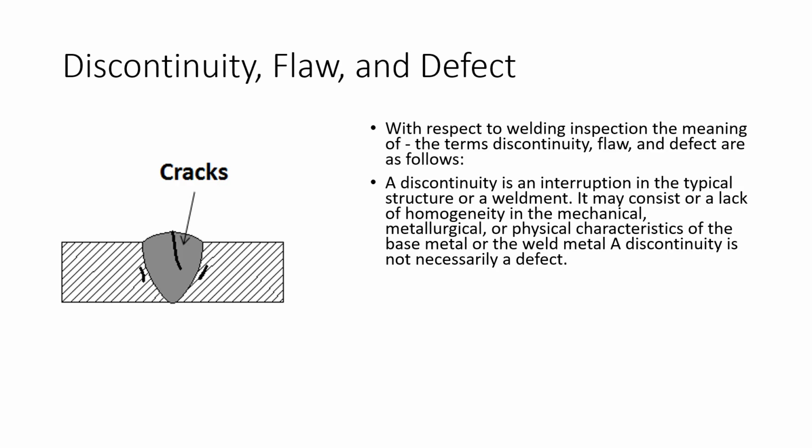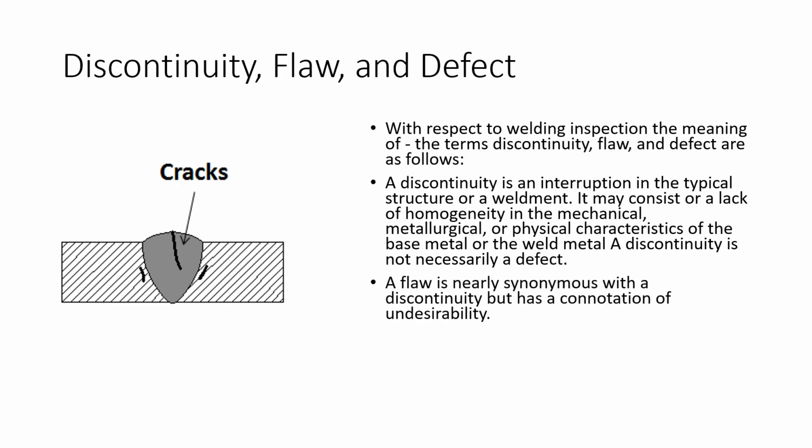Key here is a discontinuity is not necessarily a defect. Just because it's not normal doesn't mean it's a defect or it's going to be a problem. So we need to keep that in mind. A flaw is nearly synonymous with a discontinuity, but has the connotation of undesirability. So a flaw is something that is a discontinuity, but it could be undesirable depending on what we've got going on.